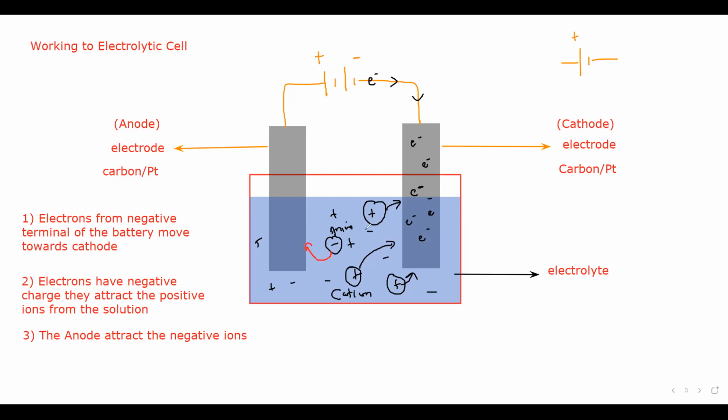So these negative ions will move towards the anode, or they will migrate towards the anode. And then what will happen? Because a negative ion means they have an extra electron, the negative ions will lose their extra electron.